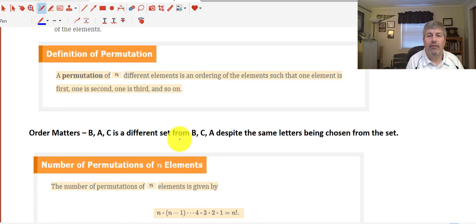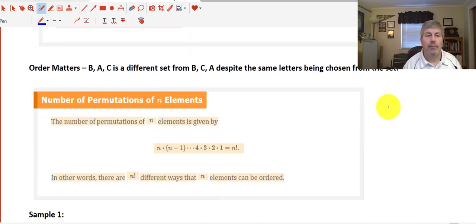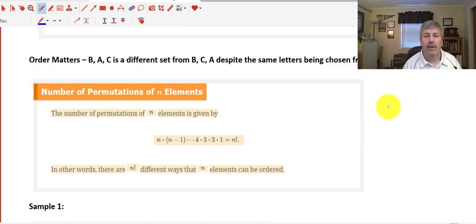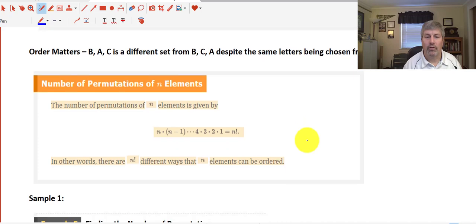BAC is a different set from BCA, despite the same letters being chosen. The number of permutations of n elements is given by n times n minus 1 and so on, or essentially n factorial. In other words, there are n factorial different ways that n elements can be ordered.